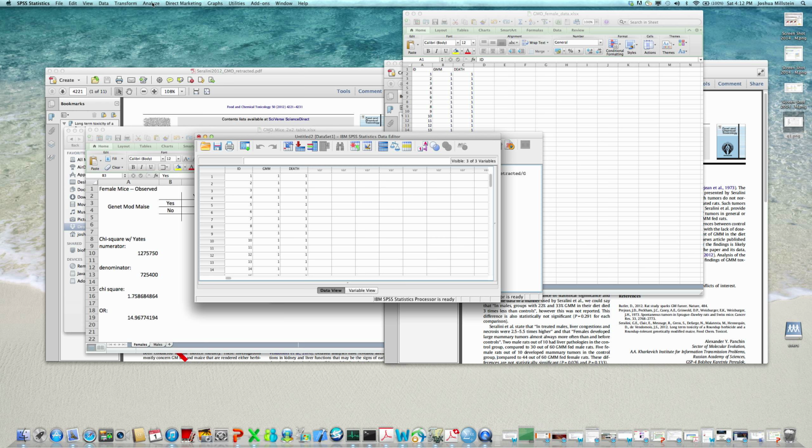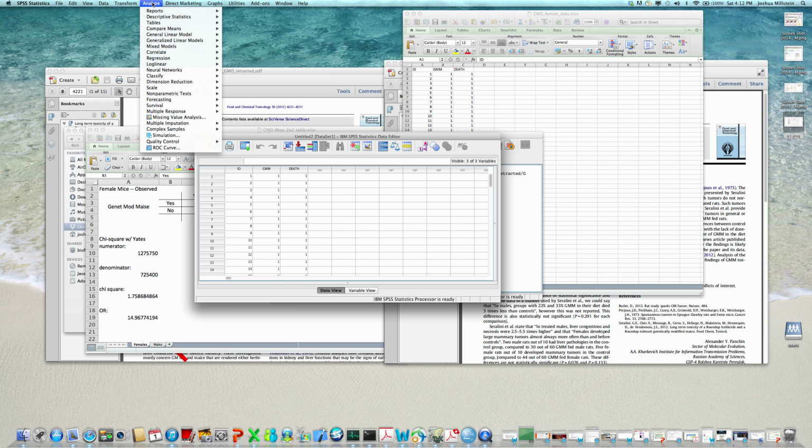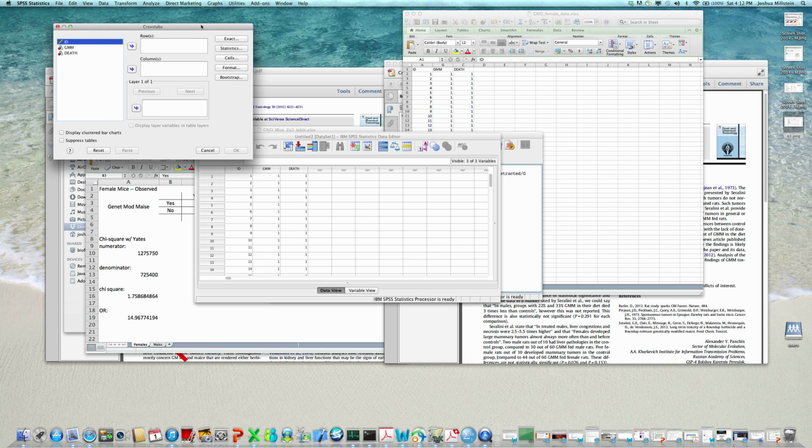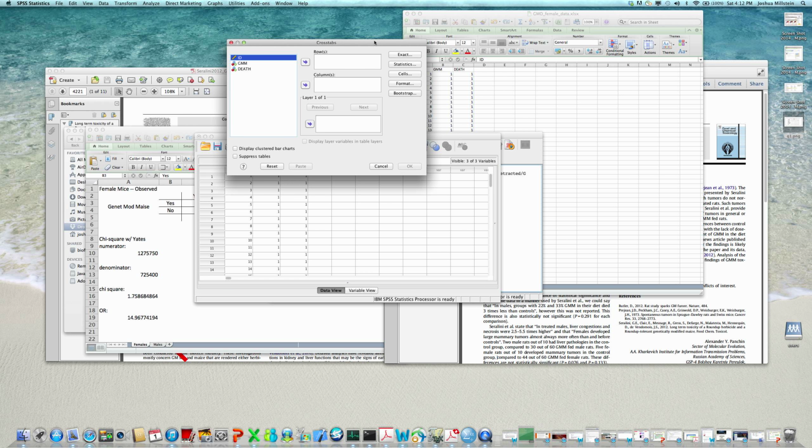And we can go in Analyze, Descriptive Statistics, Cross Tabs, and we have rows and columns. So cross tabs refers to the table cross-tabulating two variables.